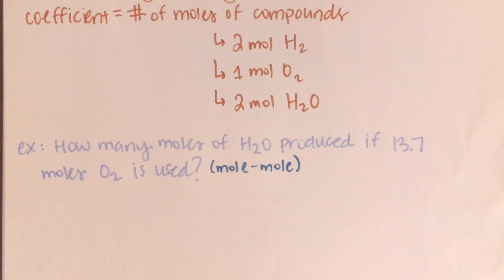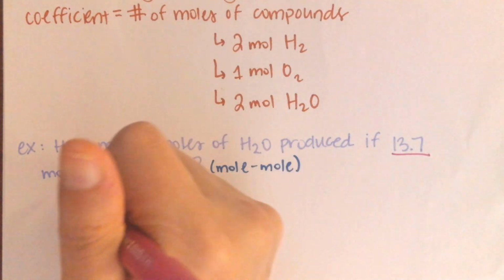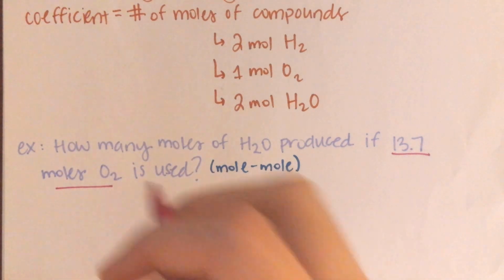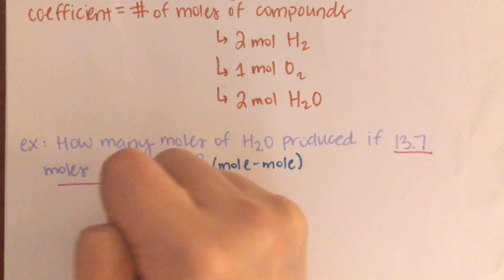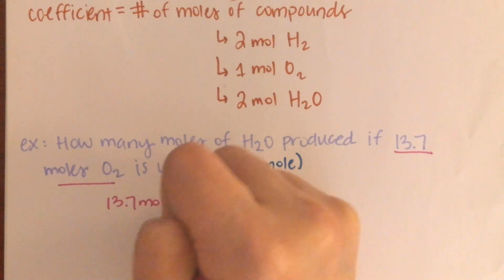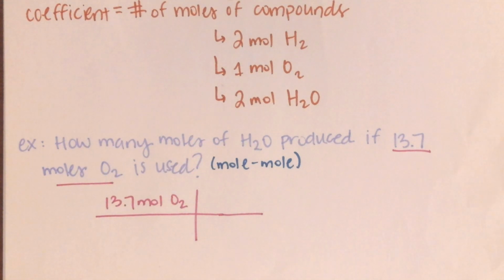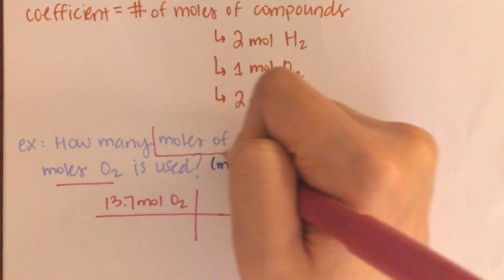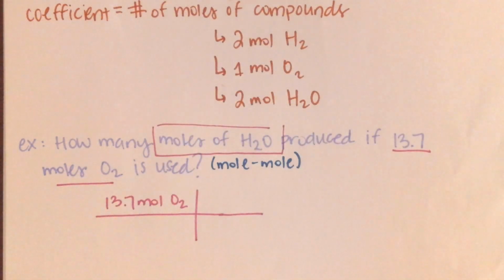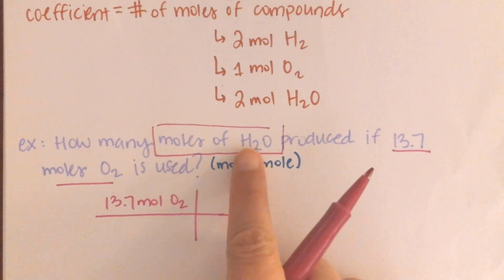Alright, so when you read the question, I would underline what you're given. And that's what you're starting off with. You do your little train track here. And then I would box what I need to find. This is my unknown. This is my end goal.